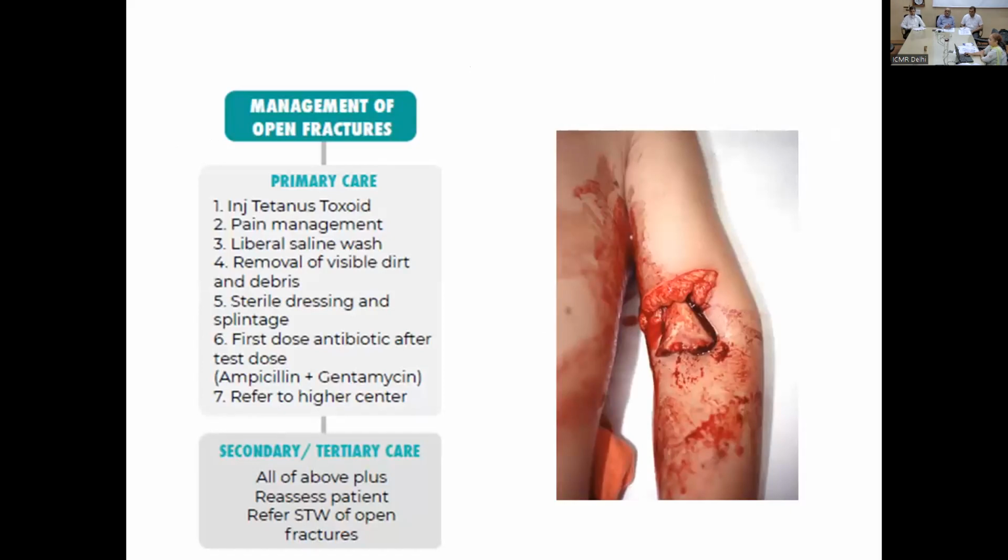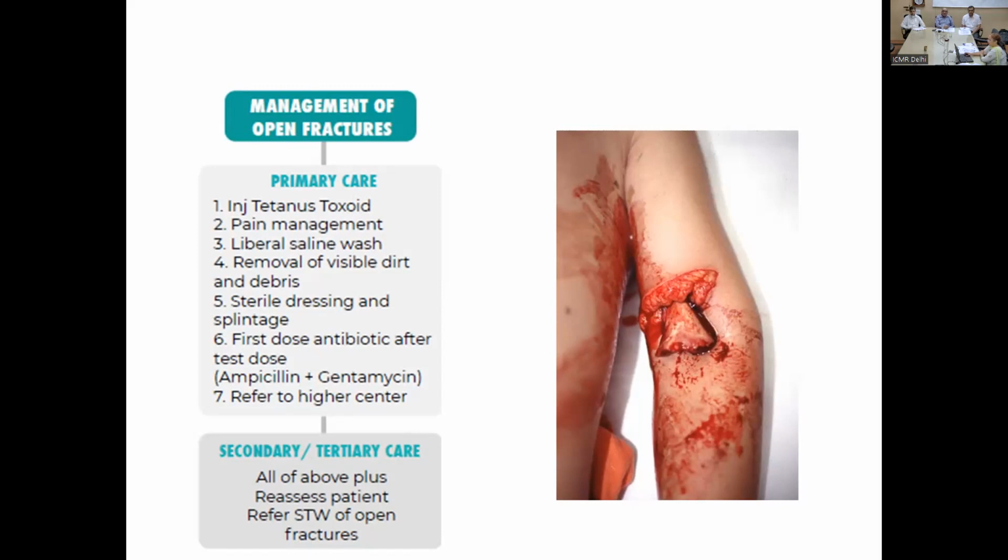Many times the child may come with an open fracture, where part of the bone is protruding out. These may be cases with vascular injury or nerve injury also. But the basic concern here is mainly potential contamination, because this may lead to infection later on. Even if all the facilities are not available, primary care should be done for this open wound.